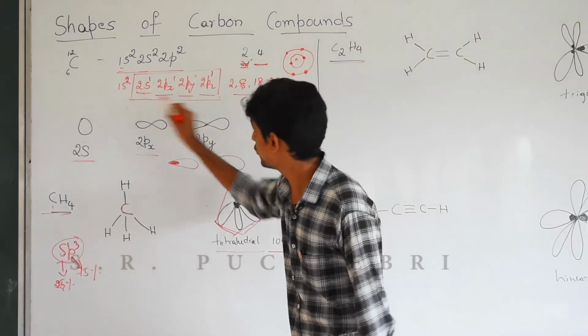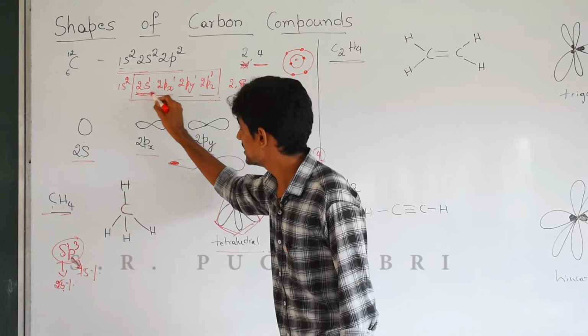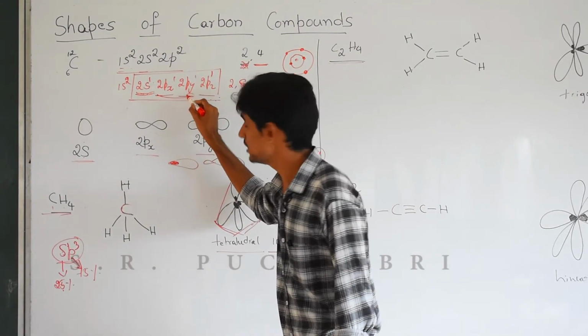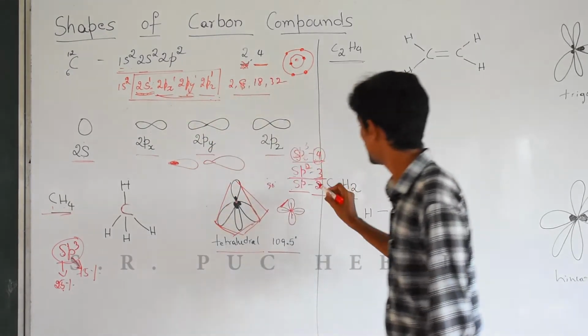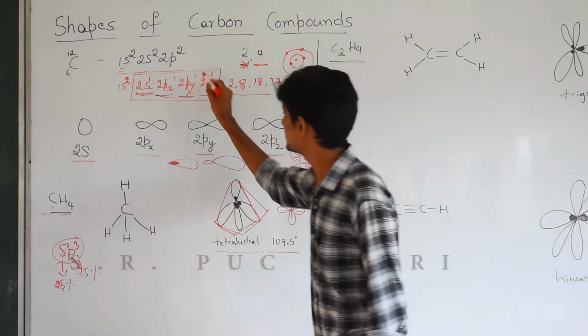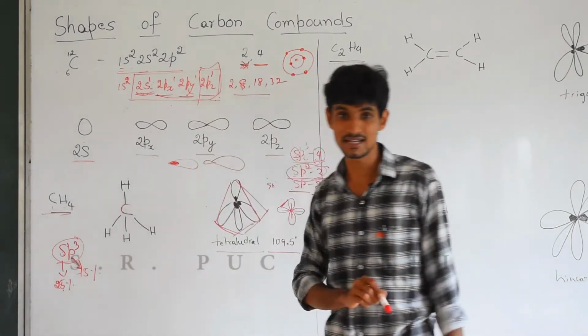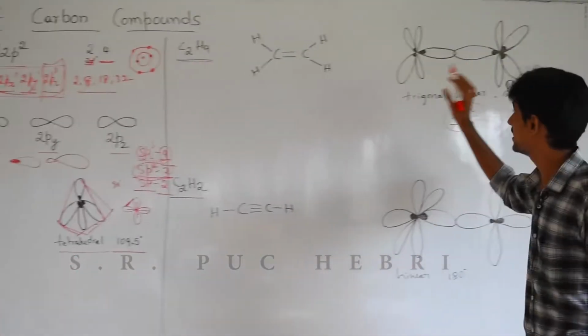So out of these four orbitals, one s orbital and two p orbitals will mix and form hybrid orbitals called sp2, and this orbital remains as such. I have written it in the diagram here.